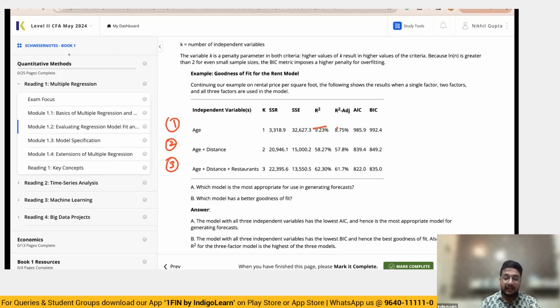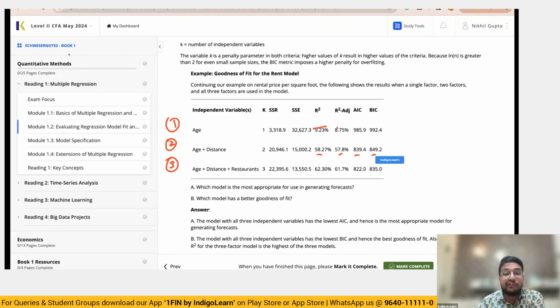In that case, my R square is how much? 58.27, and my adjusted R square is 57.8. So adjusted R square is definitely increasing, right? Now AIC is 839.4, which is quite high, but less than what we had earlier.